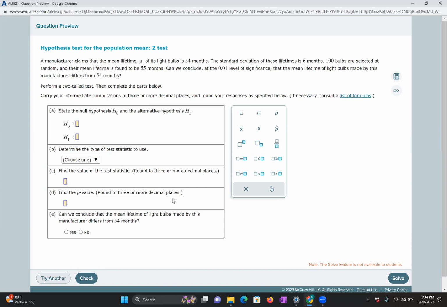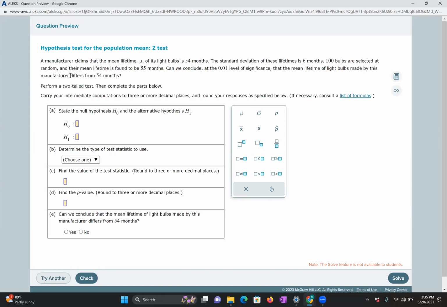You also now know that you have 100 bulbs, which means n is equal to 100, and their mean lifetime is 55 months. That's x bar. Can we conclude at the 0.01 level of significance that the lifetime of light bulbs made by this manufacturer differs from 54 months?